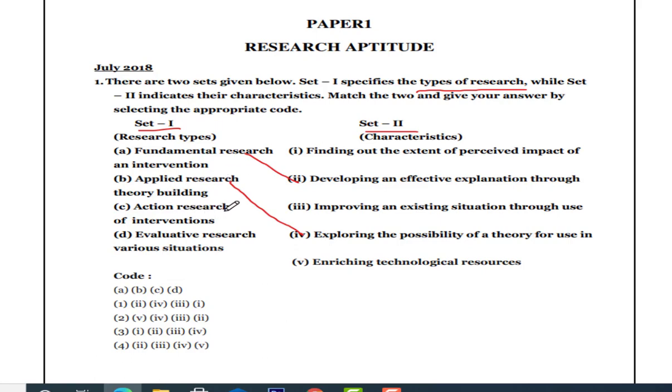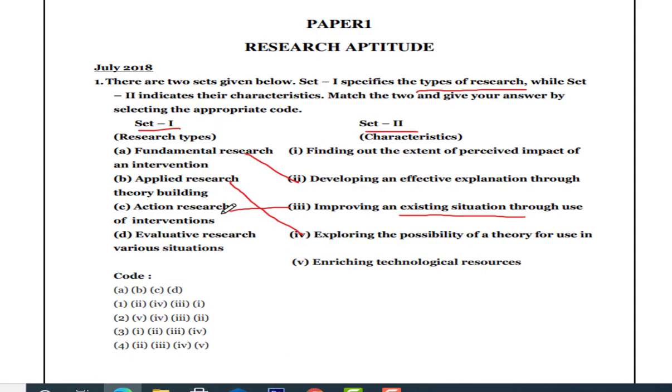So the first one is fundamental research, the next one is applied research, and then it comes to action research. We use action research to improve the existing situation through the use of intervention. After finding out in applied research that the medicine works, I am giving it to everyone, and that's called action research.